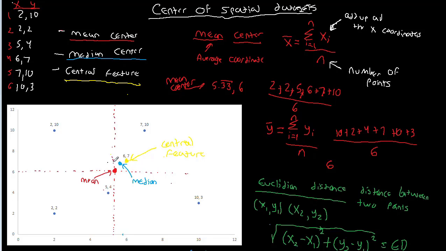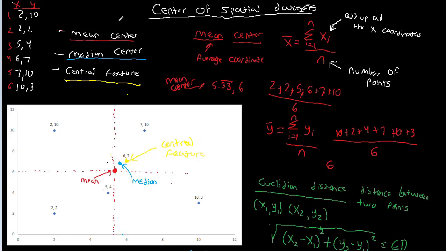Let's say you were trying to build a new town hall. You aren't using an existing building, you're building a new one that would be the shortest possible walking distance for all of the residents. In that case, you would want to use median because you're looking for a new location. So central feature finds an existing location that's most accessible, and median center will find a new location that is most accessible.